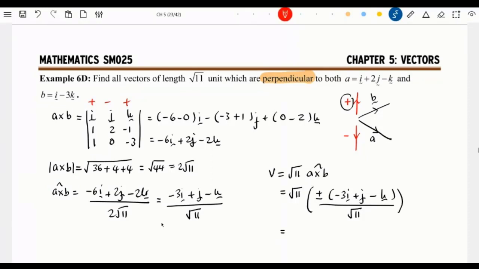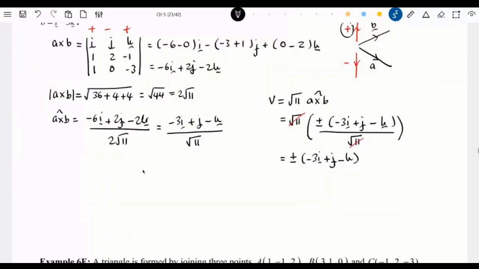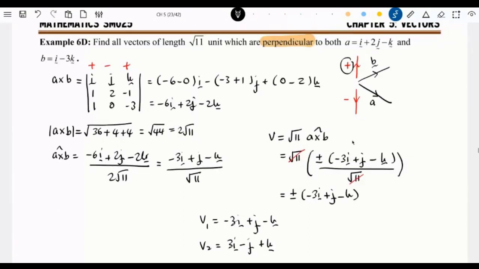Square root 11, good. So we have square root 11 here. So it should be plus minus negative 3i plus j minus k. So V1 will be negative 3i plus j minus k. That one will be for the positive side. And then V2 will be the negative side, which is positive 3i minus j plus k. Okay, so that's how we find all the vectors.